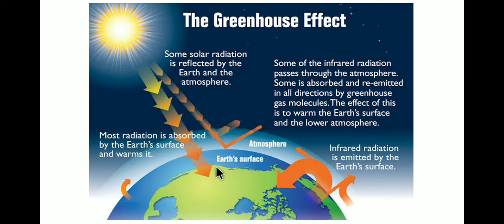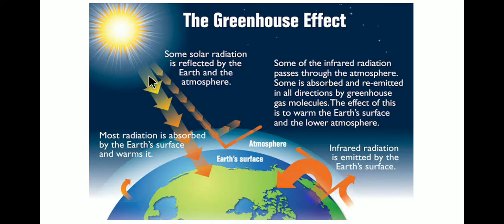Once they are reflected by the Earth's surface, they no longer have that amount of energy. That means the energy level becomes low, that means they are long wavelength now, and when they bounce back to the atmosphere, the atmosphere returns them back because they don't have the energy to penetrate out of the atmosphere and go to space.